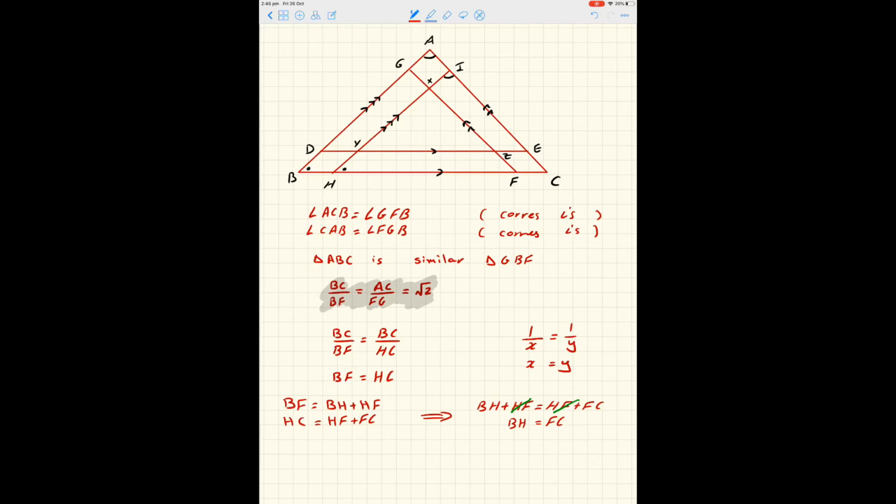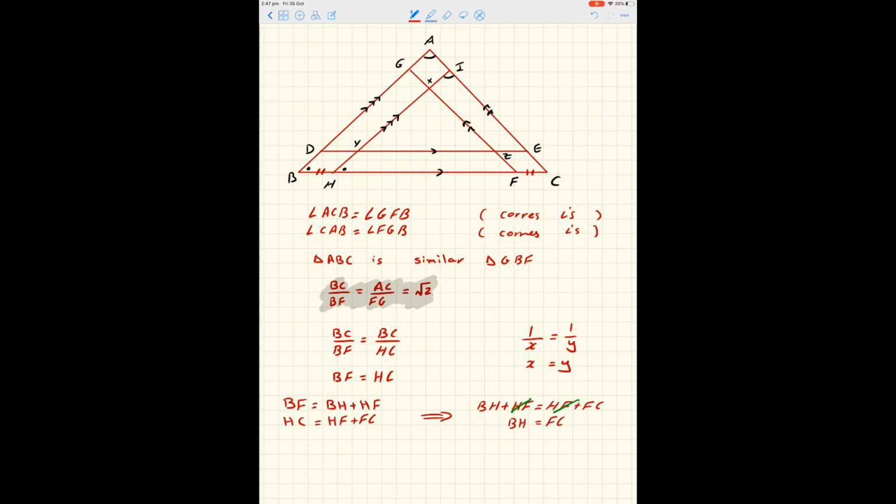Where are BH and FC? Well, I can make this section, BH, equal to this line there, which is the FC. That's what I'm referring to. Now, remember the question was asking not for BH and FC, but it was asking for DY and ZE. Okay?